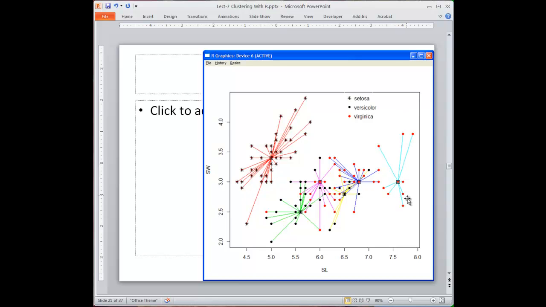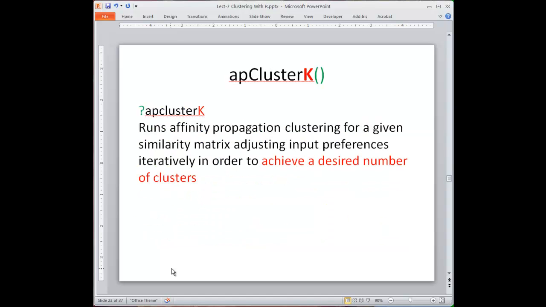The Virginica did very well in here, and this was a mixed bag. What do I do next? Probably I will take these points out, and I will run another clustering to see if I can separate the other points better. Anyway, this is what you see.